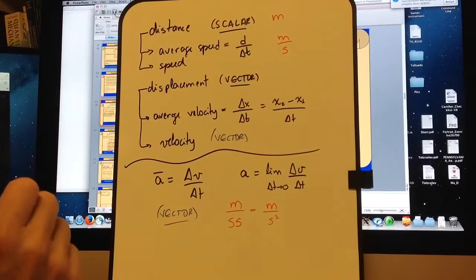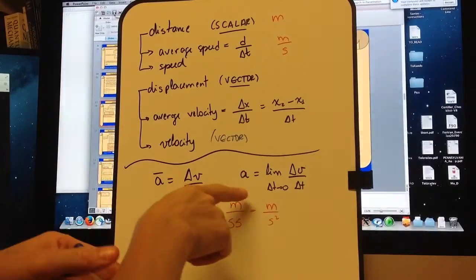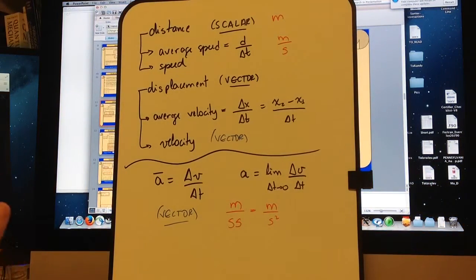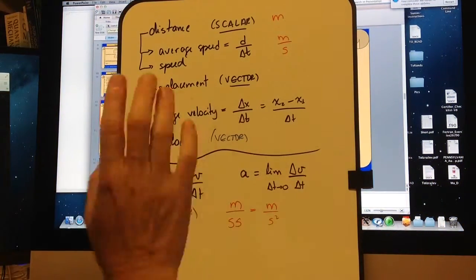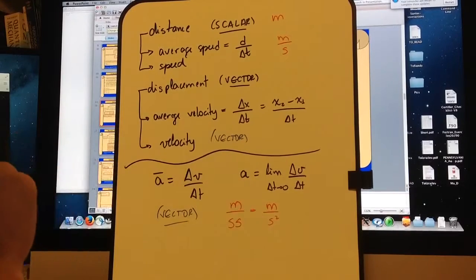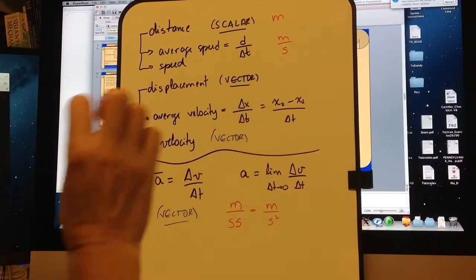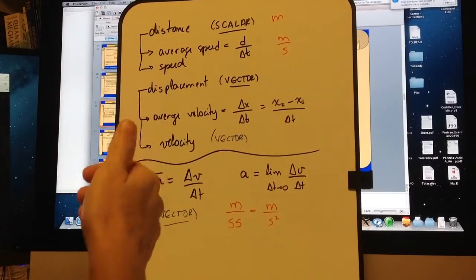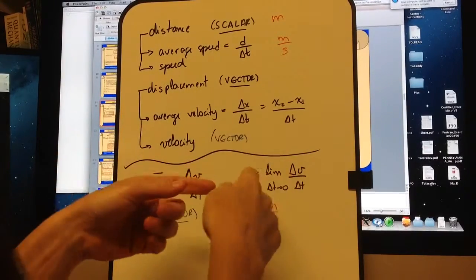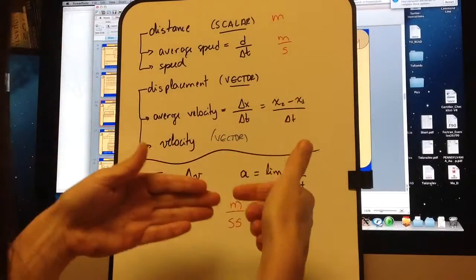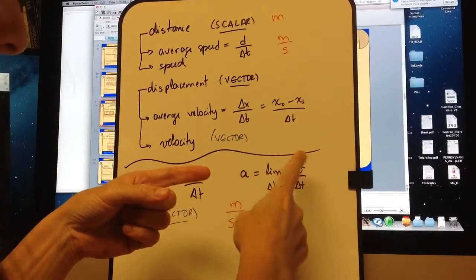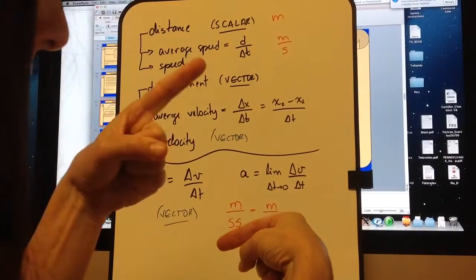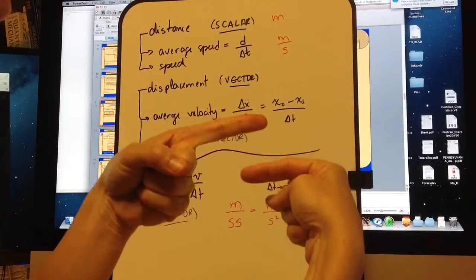Okay, very important point that we said. If we get an acceleration that is negative, that does not necessarily mean that we are slowing down. What we understood is we slow down only when the direction of the acceleration is opposite to the direction of the velocity.